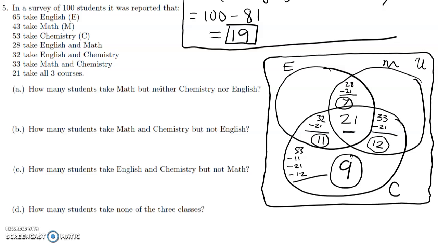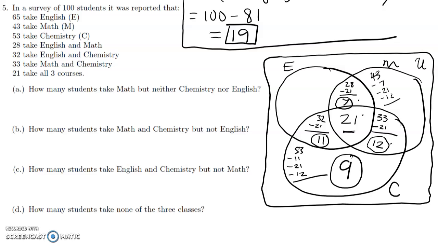So let's do the same thing now with, say, math. We've got 43 total who take math. And then we need to subtract off the ones we've already counted. We've already counted 7 and 21 and 12.